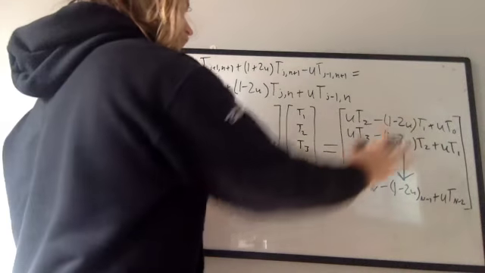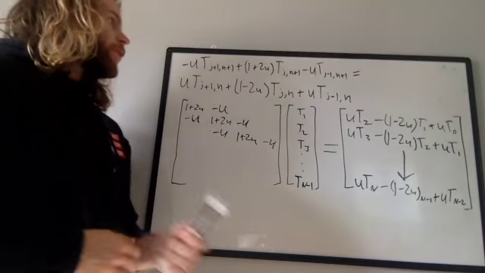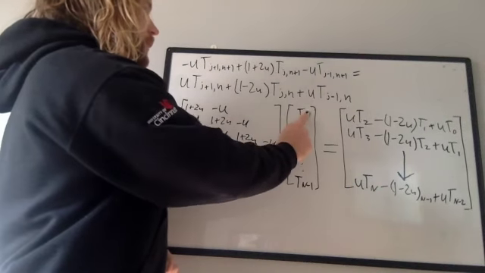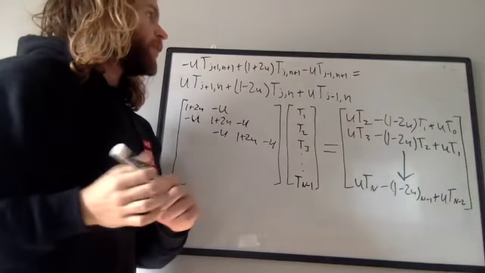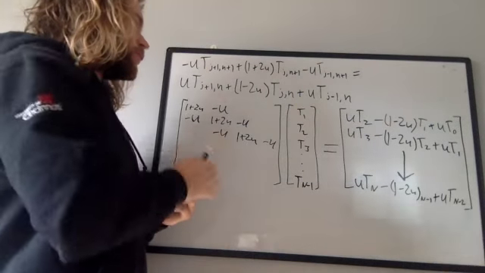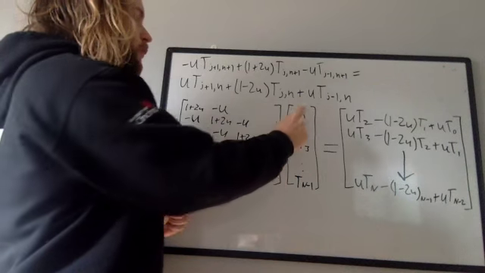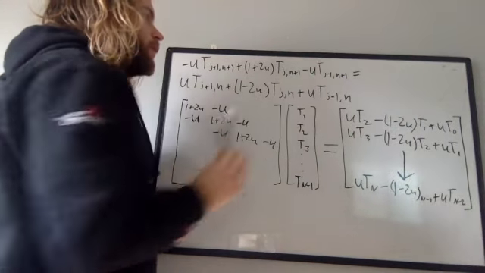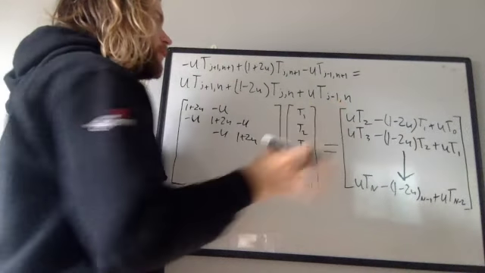This is the pattern that our matrix is going to be forming over here. Earlier, when we were doing the left side, we plugged in T1 into this j minus 1 and got T0. We didn't really want to do that because that was a constant and wasn't going to be changing, so that would screw with our matrix multiplication. But what we can do there is, when we plug in T1 and get this negative UT0, we can add that to both sides in order to get that over here.